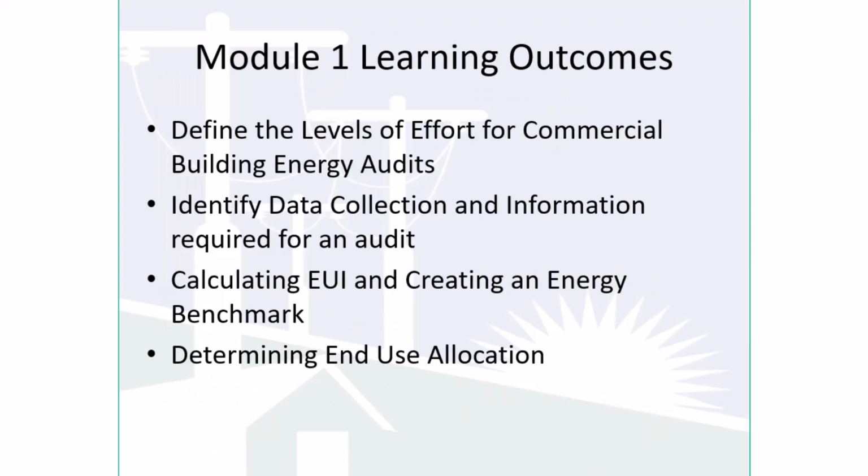The learning outcomes for Module 1 are to be able to define the levels of effort for commercial building energy audits, identify what data collection is needed and the information required for an audit, how to calculate the energy use intensity and create an energy benchmark, and then determine some end-use allocations.